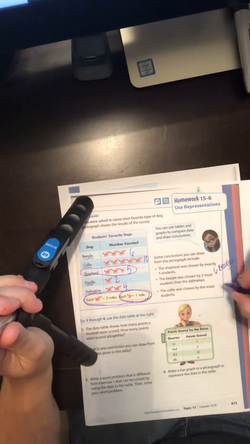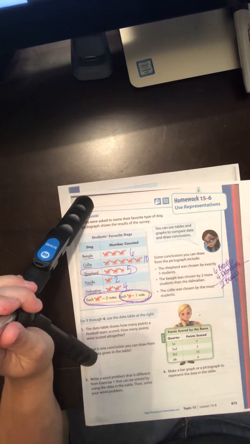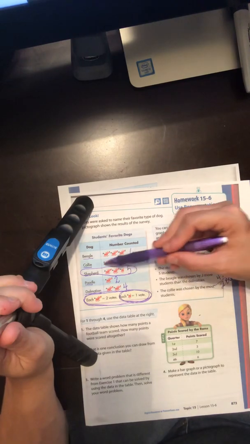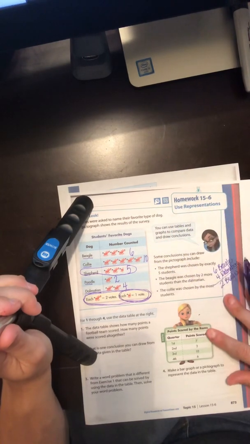And then I had 4 Dalmatians. If I'm trying to find difference, I would get 2. 2 more Beagles. Okay, the Collie was chosen by the most students because I have a 10, okay?